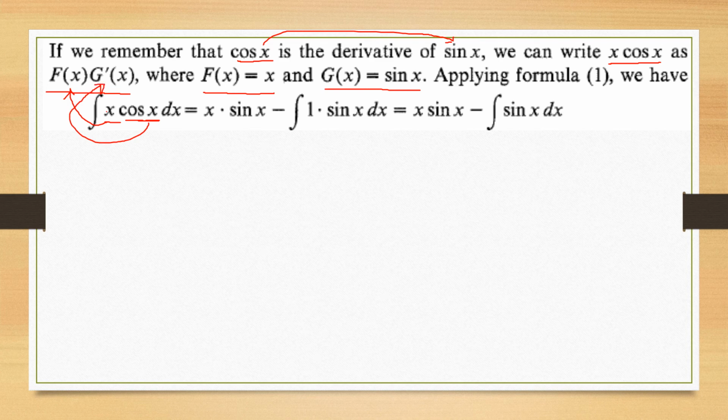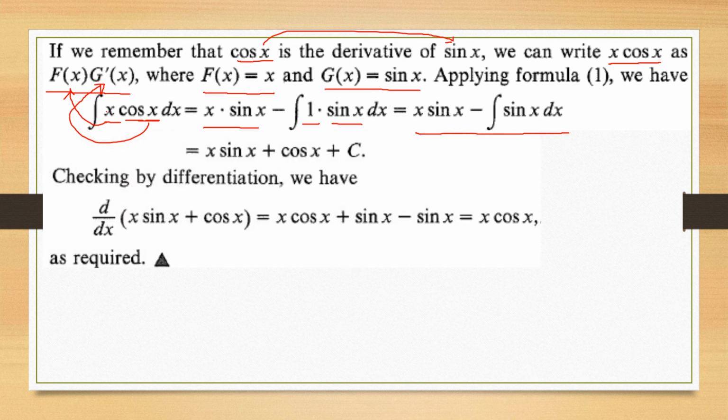Now using the formula, we will write it as x sin x minus the integral of the derivative of x times sin x, which will be done later on. After simplifying, we obtain this result. This is gained by using the formula, and finally we obtain this answer.